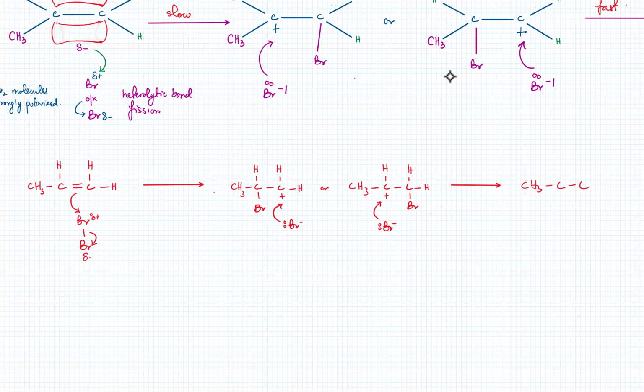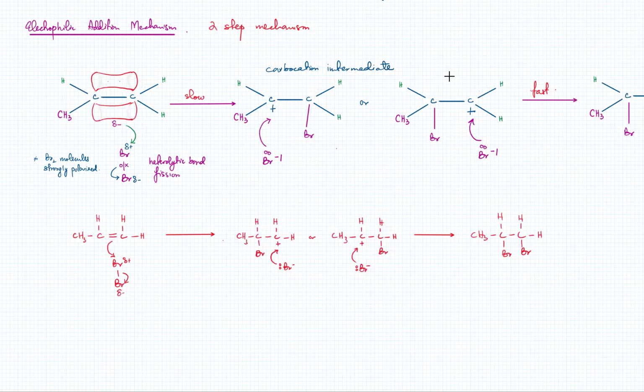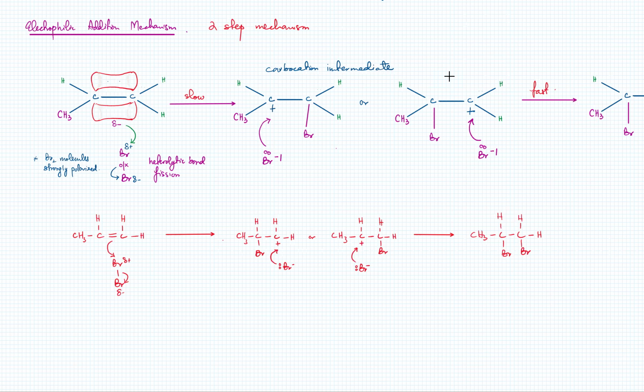Which of the carbocations is the stable one? Does anyone remember how you figure out which one is the stable carbocation? It depends on the methyl groups, the electron donating groups.